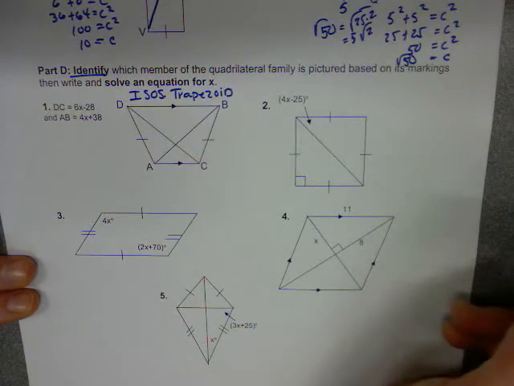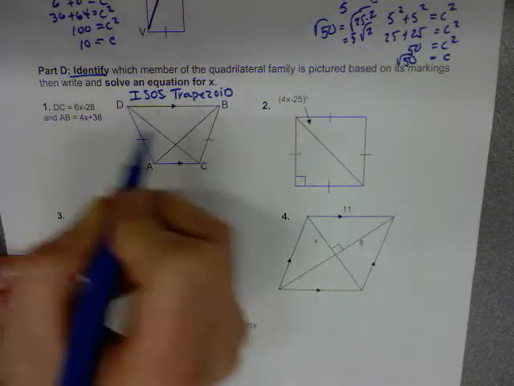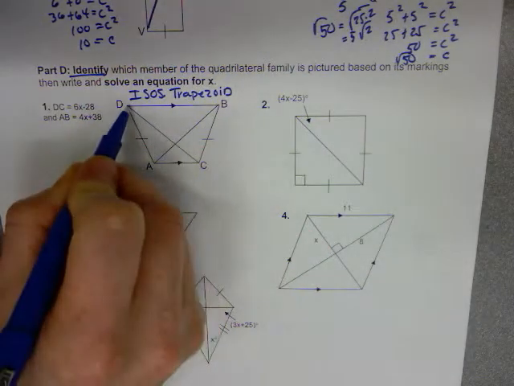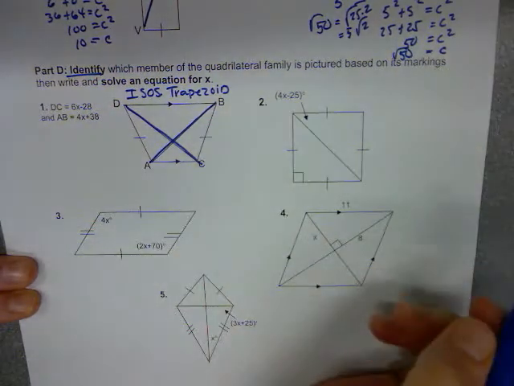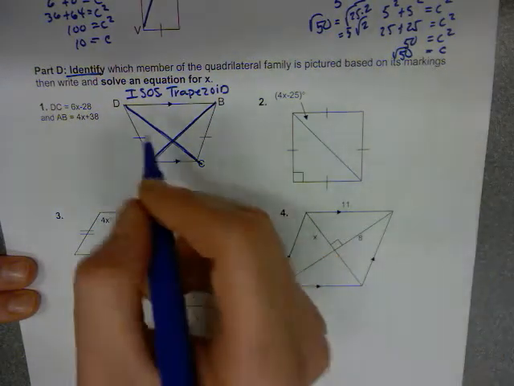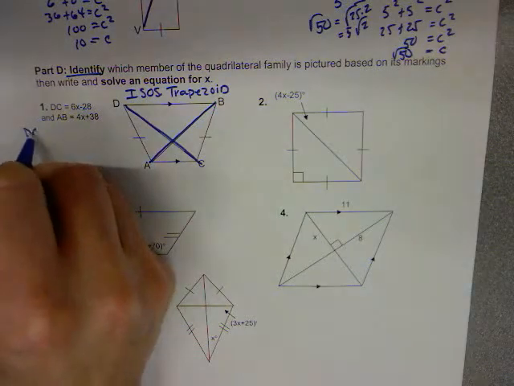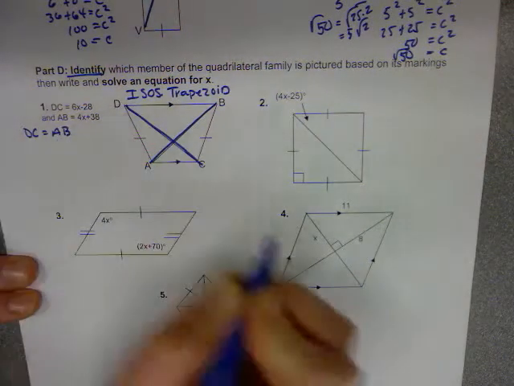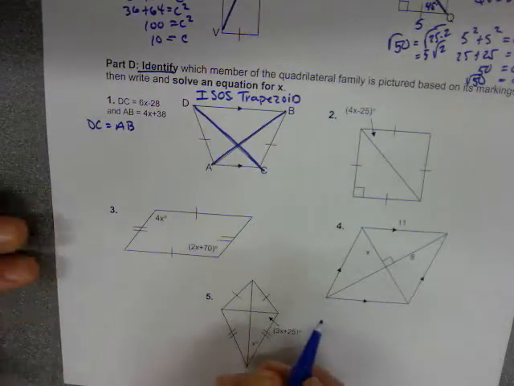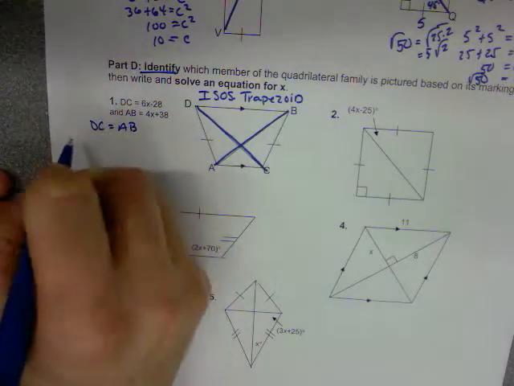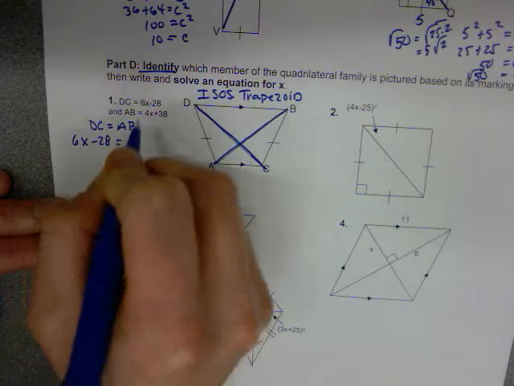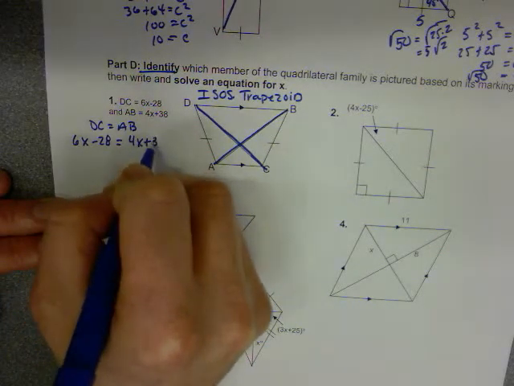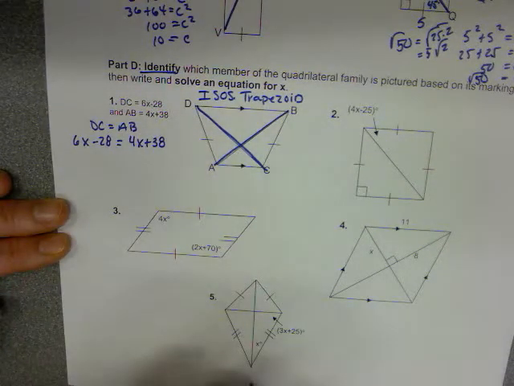So in an isosceles trapezoid, DC and AB are given. DC and AB are the two diagonals. The diagonals are congruent. So we will set DC equal to AB as our equation. So since DC is 6x minus 28 and AB is 4x plus 38, we just substitute those in.